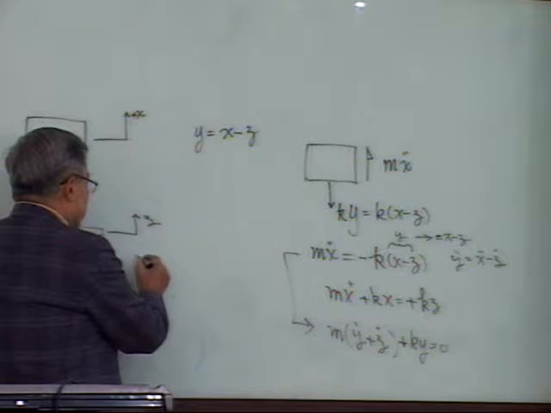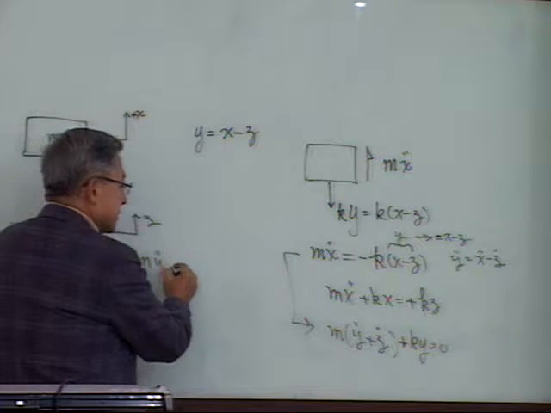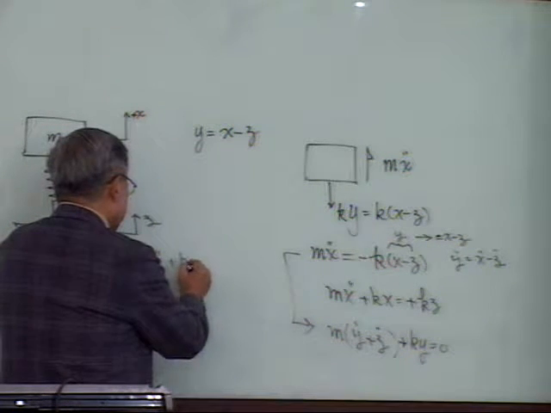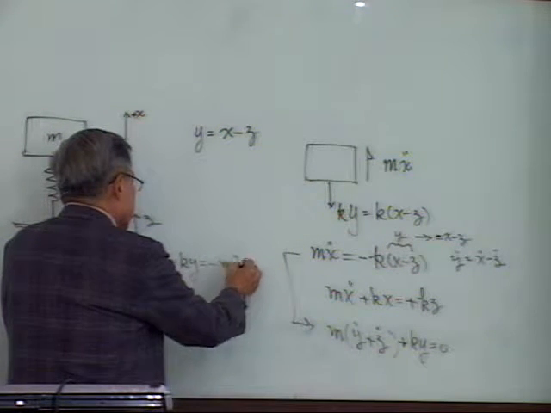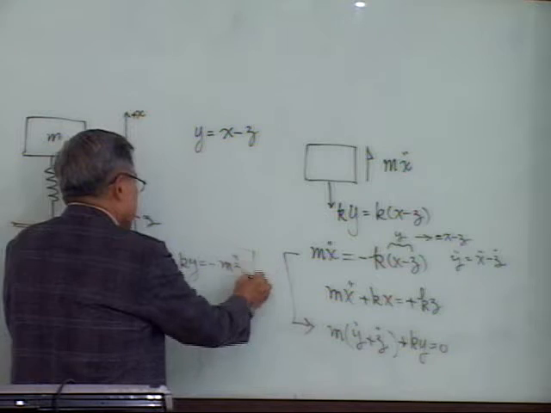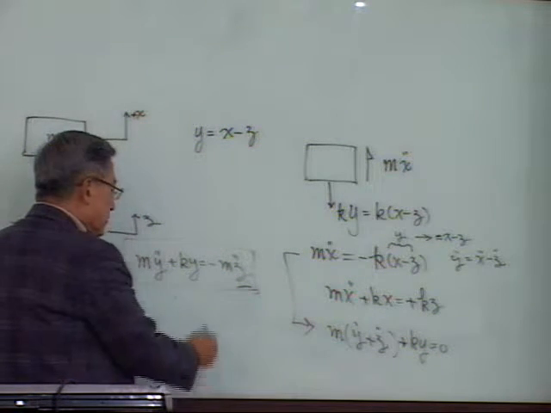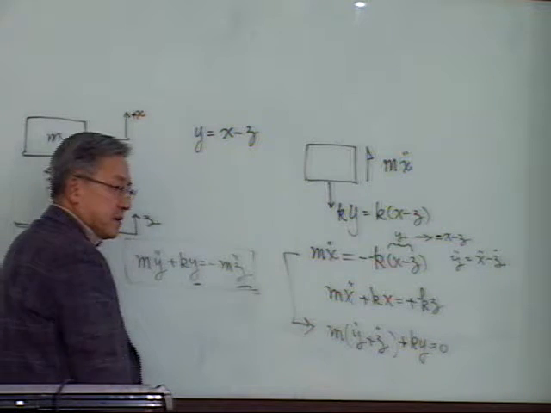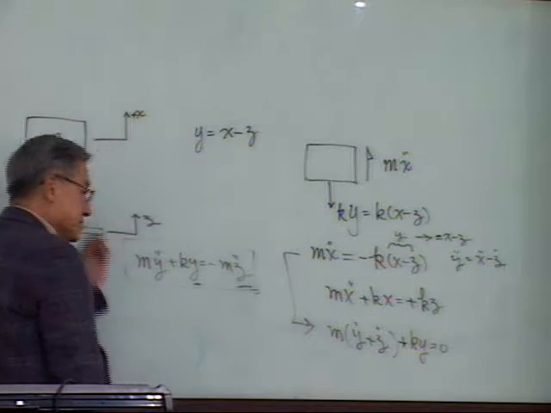So if you do that, my double dot plus ky is equal to minus mz double dot. So this is one form. This is excitation, you know. The only unknown is y here. So that's very easy to solve.